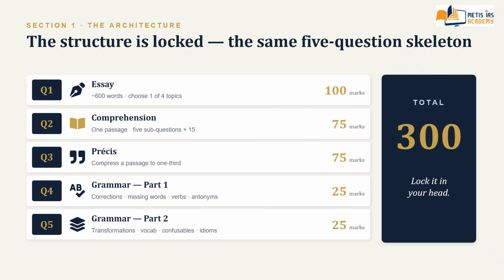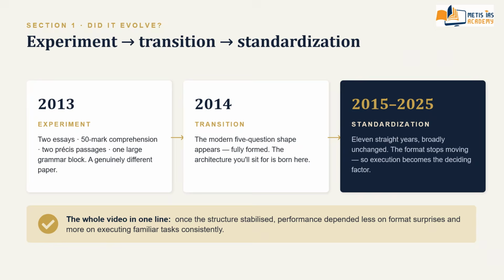And here is where the story gets interesting. Go back one more year, from 2014 to 2013, and the paper looks genuinely different. In that, 2 essays instead of one, comprehension worth only 50 marks, 2 précis passages instead of a single major précis, and one large grammar block packed with micro skills.